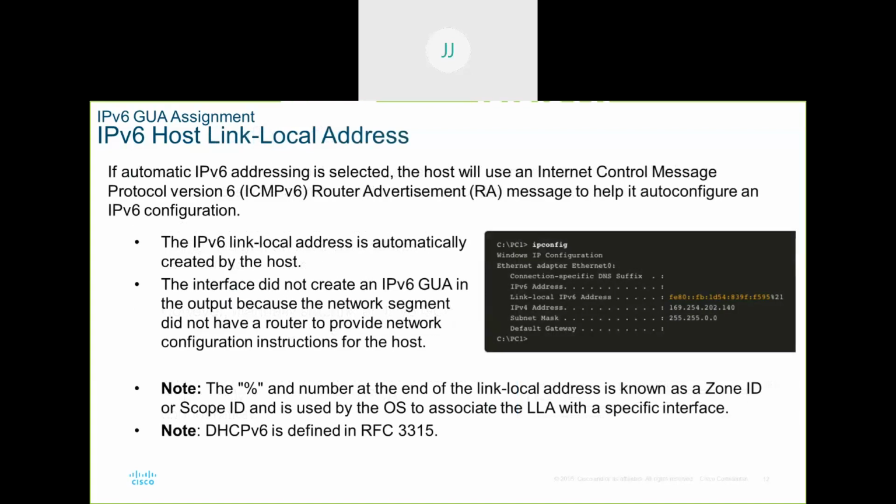If automatic IPv6 addressing is selected, the host will use an ICMP version 6 router advertisement, or RA, message to help it auto-configure an IPv6 configuration. This is a setting on the host machine that you will see during our Packet Tracer configuration.